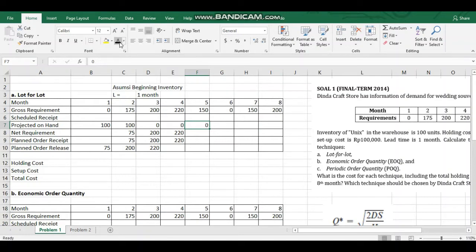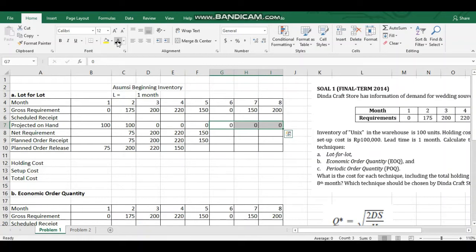And also for the next month. There's no inventory, and the net requirement is gross requirement plus scheduled receipt and then minus projected on hand. So our net requirement is 150. So we have to place the order 1 month before, 150 units, and those units will arrive at the 5th month and will be used to fulfill these requirements.